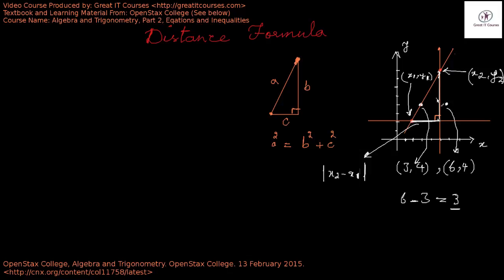And this length right here, I know that the y coordinate of this point is y1. So here y is equal to y1 at this point. At this point y is equal to y2, so I could basically write this length as y2 minus y1.